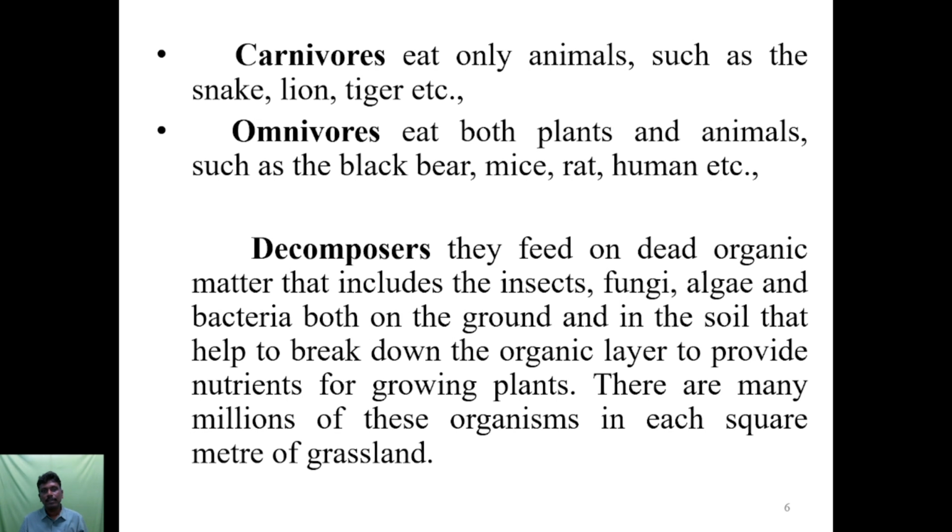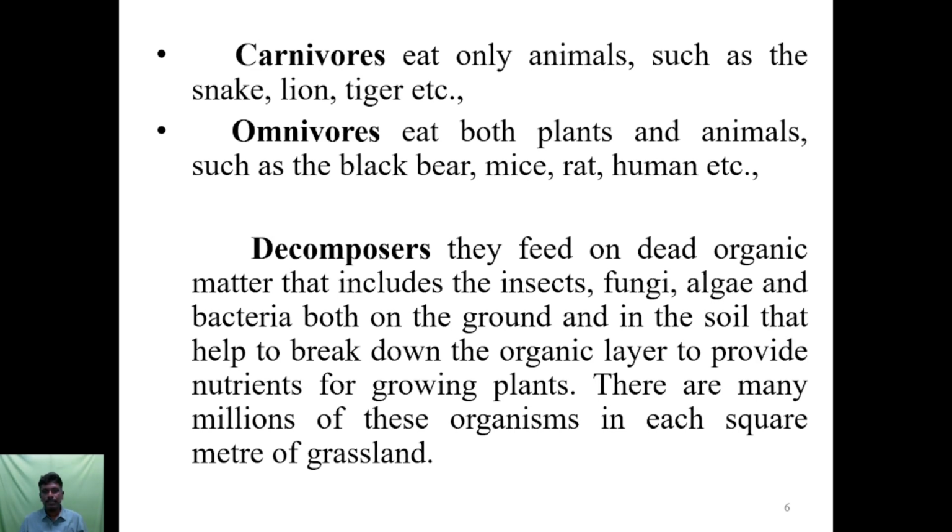Then carnivorous. They eat only animals, such as snake, lion, tiger, etc. Then omnivorous, eat both plants and animals, such as rat, human, black bear, mice. So these are the three different types: herbivorous, carnivorous, omnivorous.